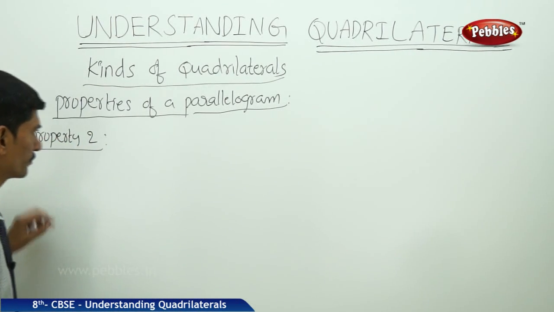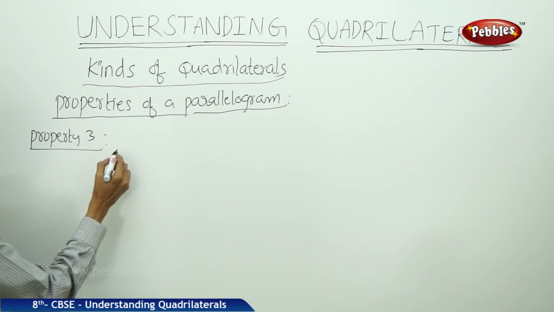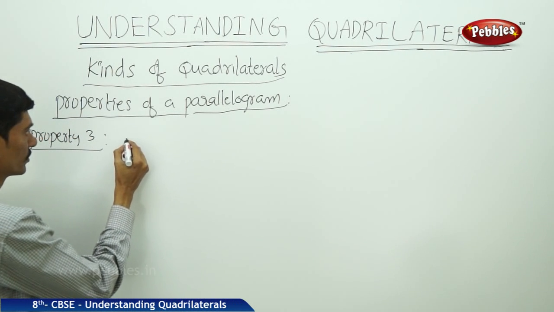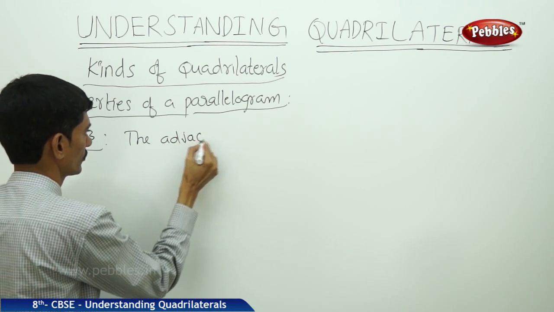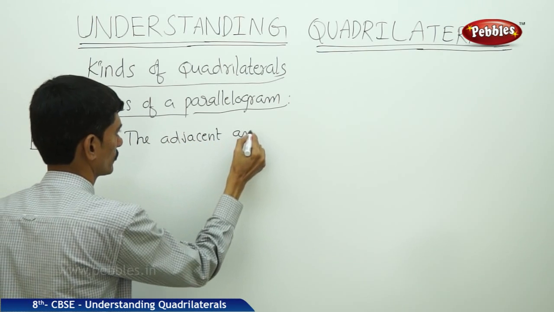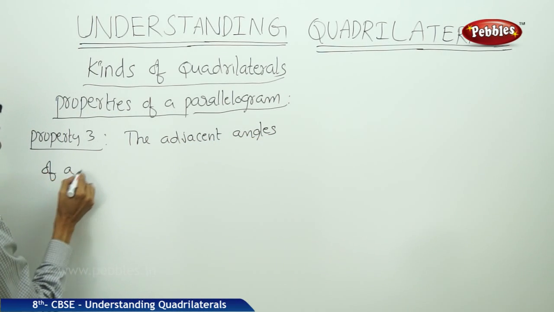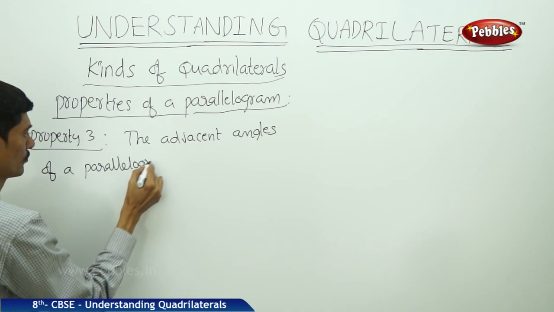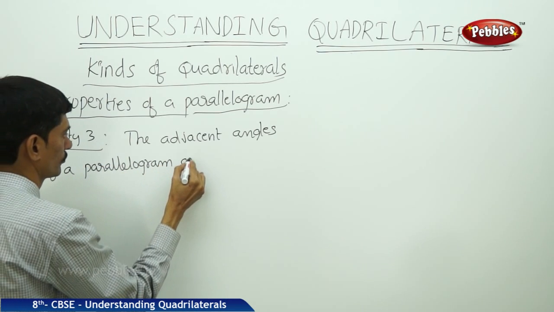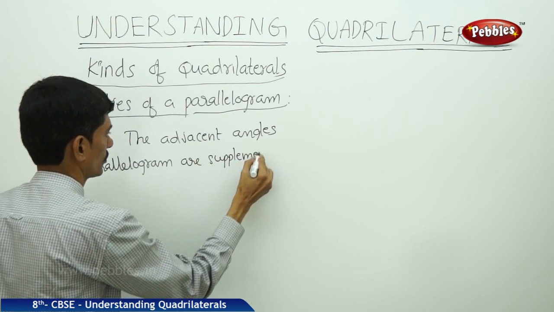Now let us see the third property of a parallelogram. So property 3, the adjacent angles of a parallelogram are supplementary.